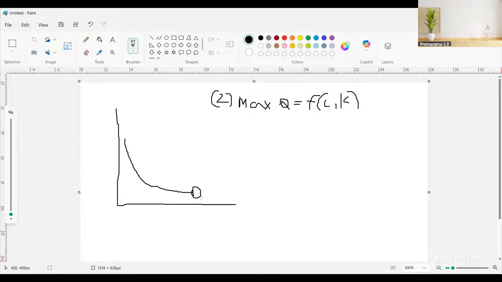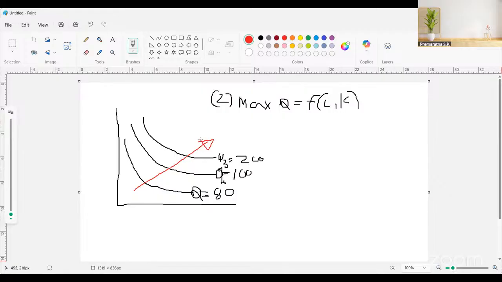Let's say isoquants somewhere here, like 80, iso product, and one, let's say 100, and everywhere isoquant curves here, let's say 300, 200. Producers in this case try to move in this direction. I mean, always maximize the output, but the small problem there is that the budget is constrained. A given amount of budget is given.